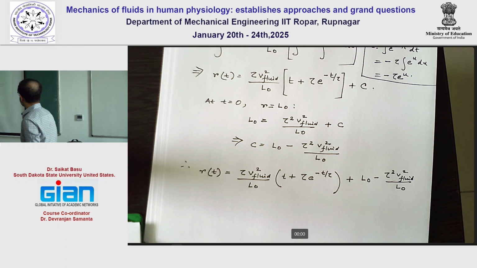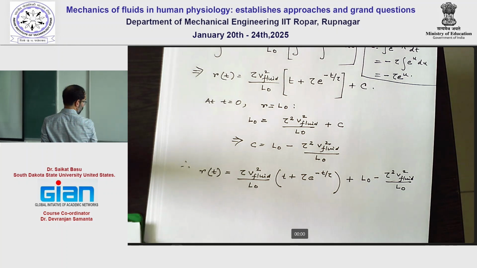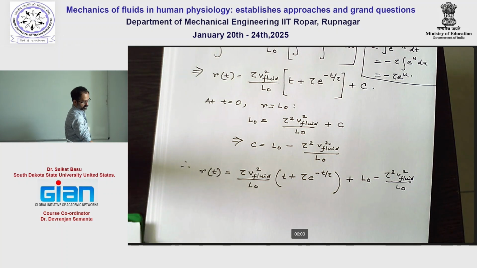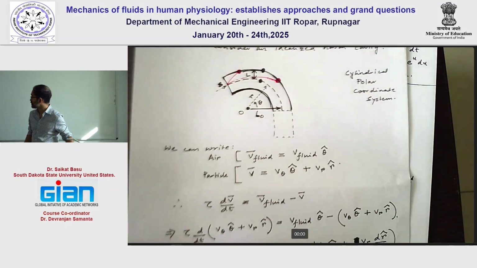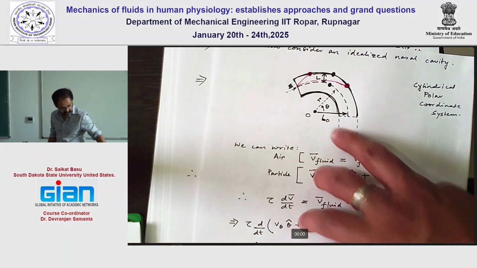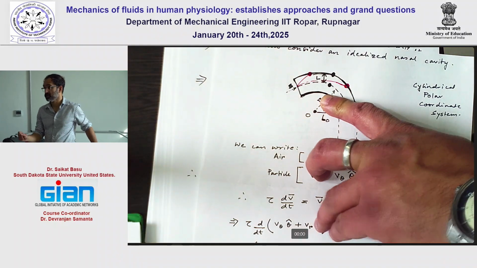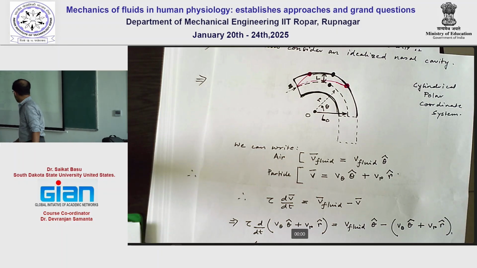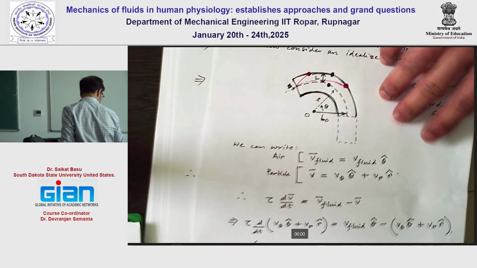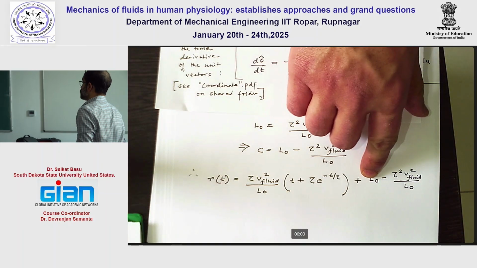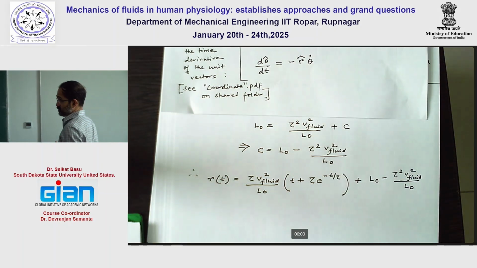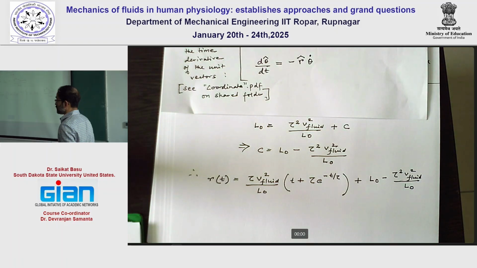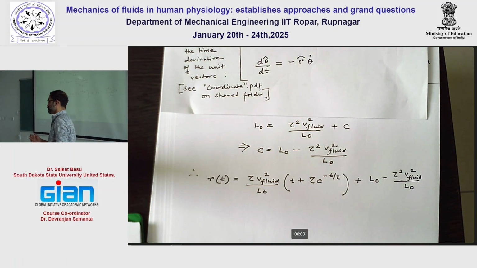Okay, so this is interesting because where we are heading at is, if you think about the geometry that we started out from, L naught is the central location, and then this particle is deviating from that central stream line, right? And the remaining terms can be clubbed together, and those remaining terms can help us determine whether the particle is going to this upper wall or lower wall. So it is very interesting how it can be done.